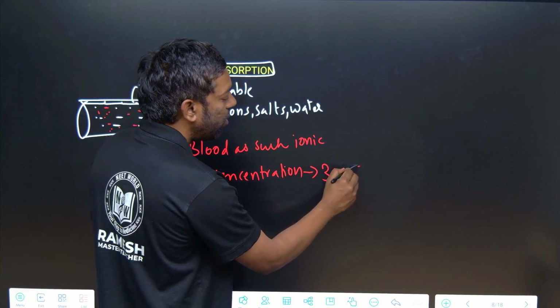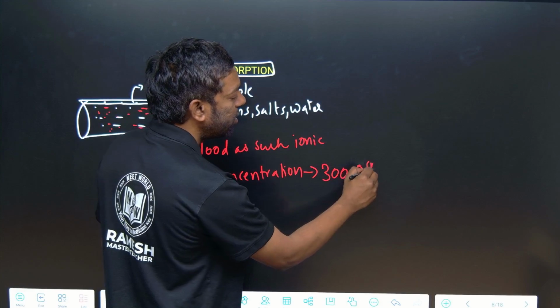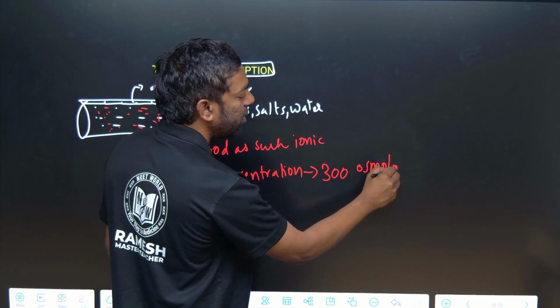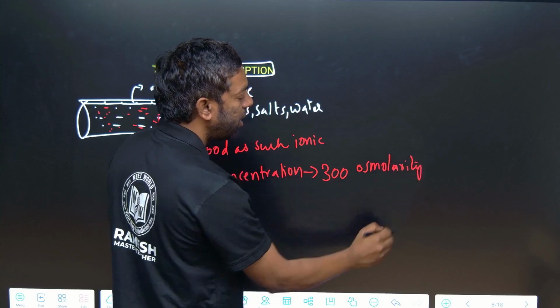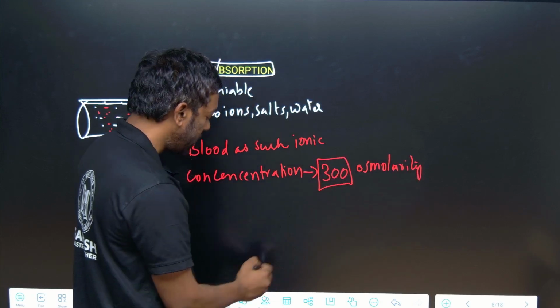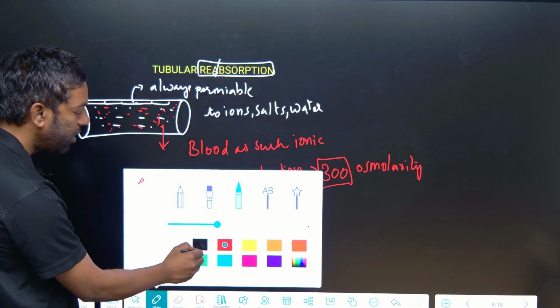The ionic concentration is 300 osmolarity. What is 300 osmolarity in the blood?